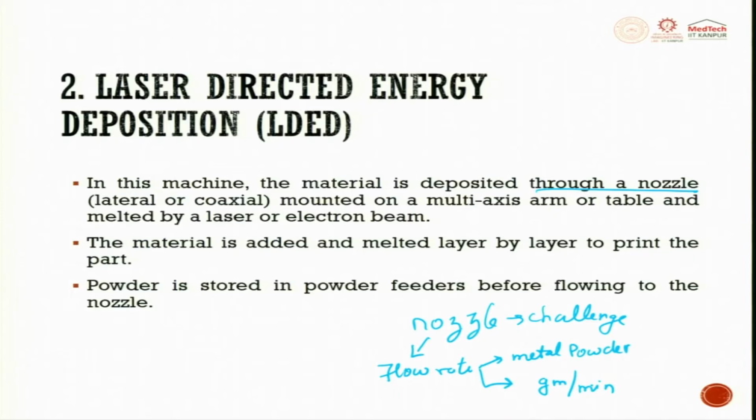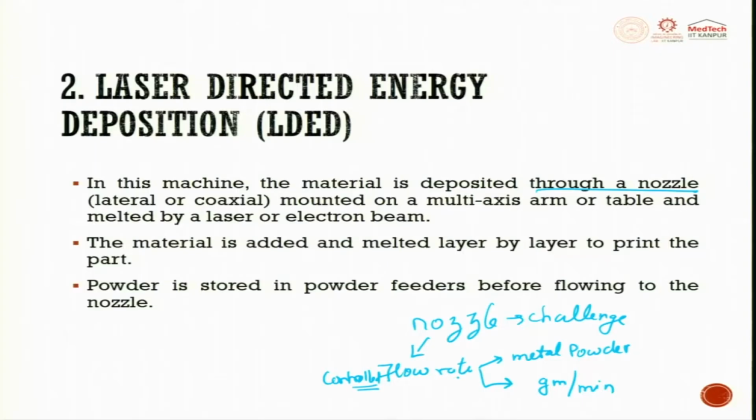Here we should have a controlled flow, so that it drops exactly and then you melt it. If more flow is there, then improper melting will happen. There will be melted powder and then solid powder without melt. That is why I said a controlled flow rate should be there.